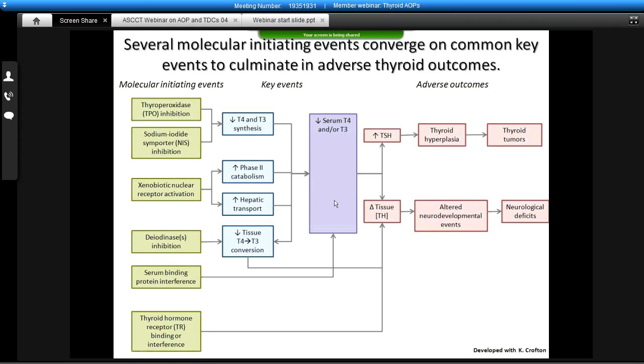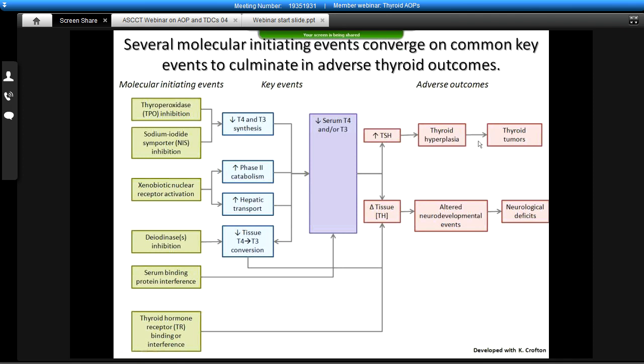Now, this decrease in systemic thyroid hormone concentrations can then lead down two different paths here shown in red. It can lead to a change in the tissue concentration of thyroid hormones or an increase in TSH, thyroid stimulating hormone in some cases.